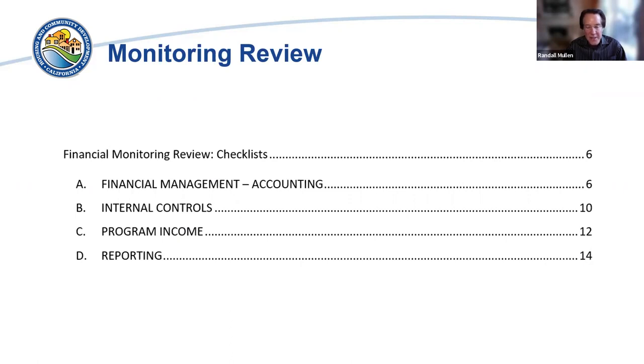And HCD has adapted the financial monitoring review checklist for use in this disaster recovery program. And you will see the same table of contents is used here, beginning with accounting, followed by internal controls, which we'll examine more closely.